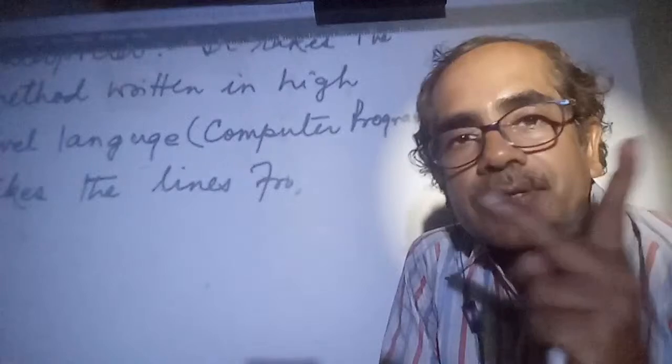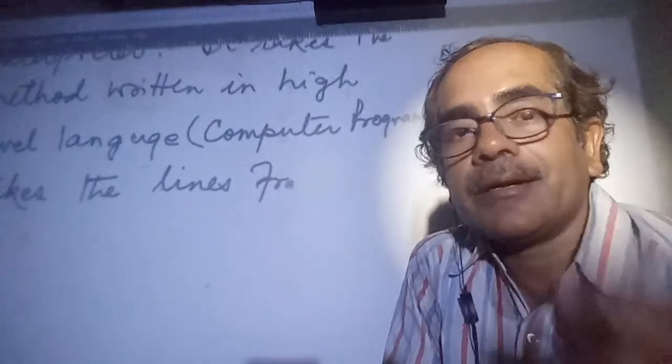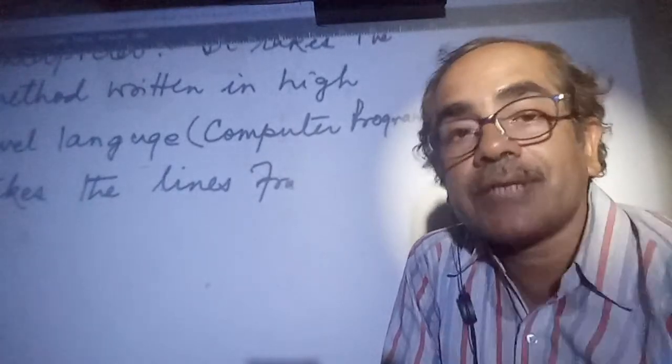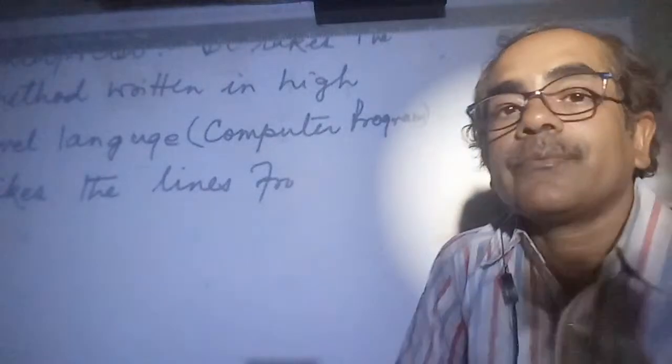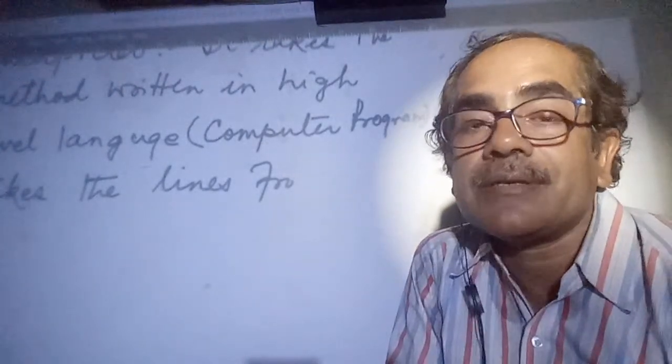That translator is of 2 types. One is interpreter, another is compiler. Interpreter takes the high level language code line by line, checks it for errors. If it is error free, given to the computer for its execution. So whenever you need to execute that program, interpreter is required.